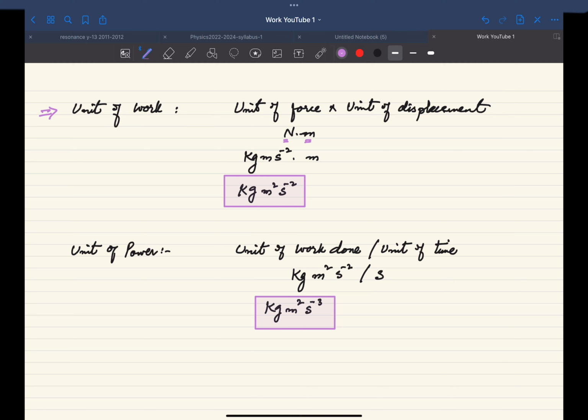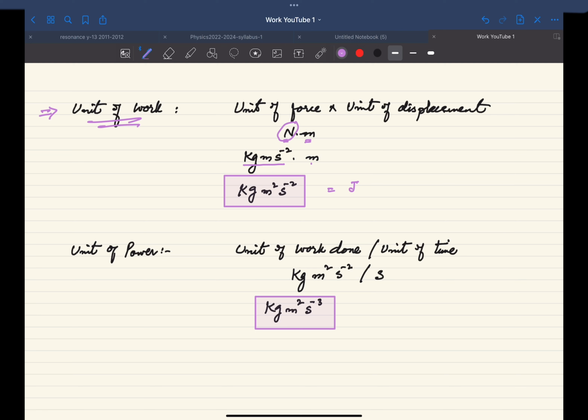Or in base units, you can write kg meter per second square for Newton, and of course meter is here. So the work done is kg meter square per second square, which is joule. This is very important to understand: for the unit of work you can write joule, or in base units kg meter square per second square.